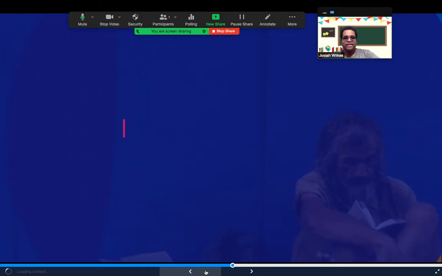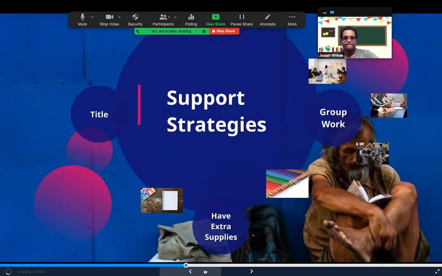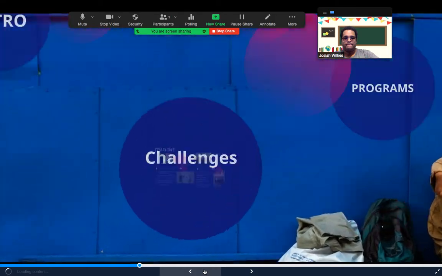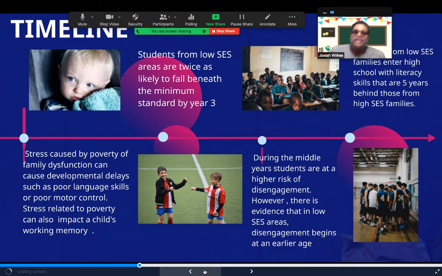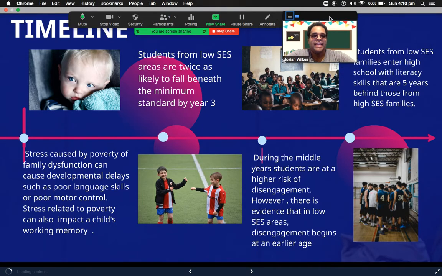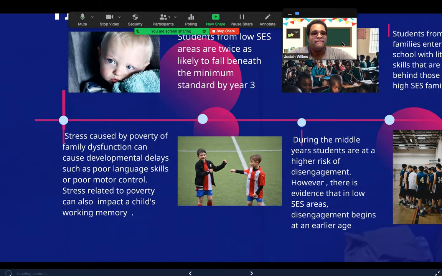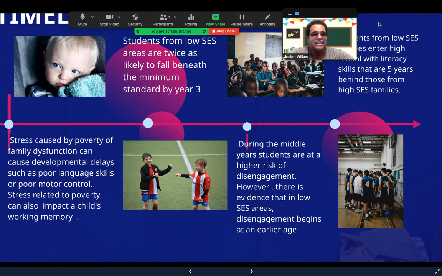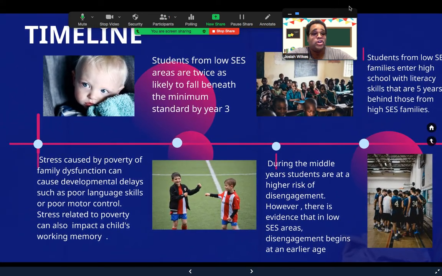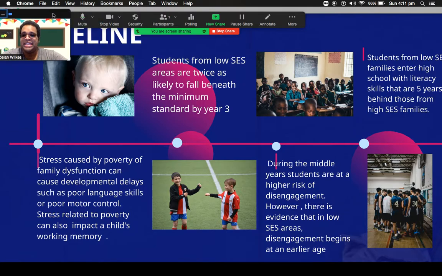Just trying to find it because I've not labelled it correctly. There it is. It was called the timeline. So in this timeline, it shows you that as students from poorer communities grow up, there are actually significant differences in their learning and in their abilities to acquire knowledge.